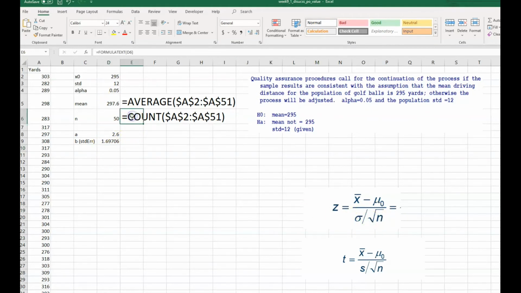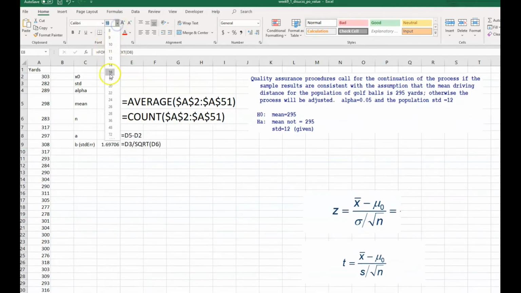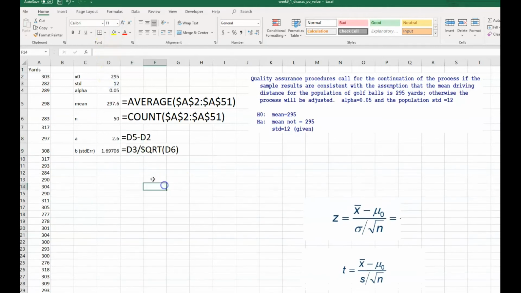I'm going to copy the formula. This is the difference. So what is the z value?